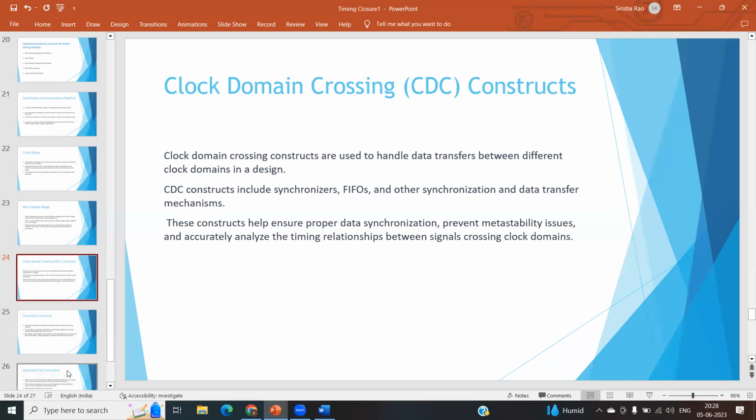CDC means data from one clock domain is transmitted to another clock domain. For that we can use synchronizers, FIFOs, and other data transfer mechanisms like handshake protocols and asynchronous FIFO, so that we can overcome the effect of metastability and all.